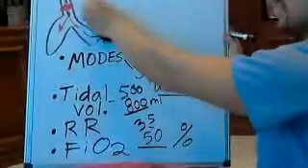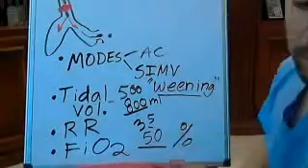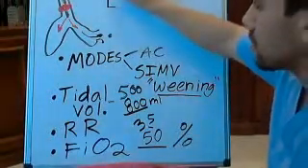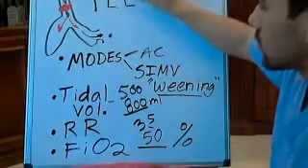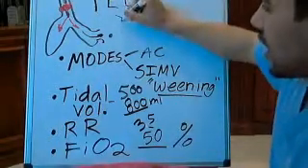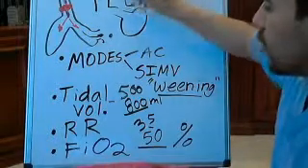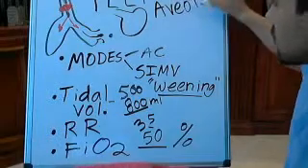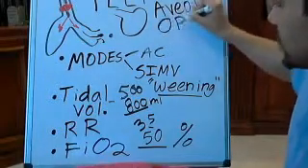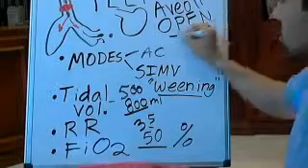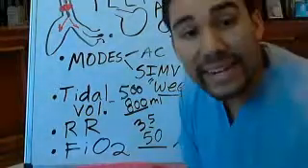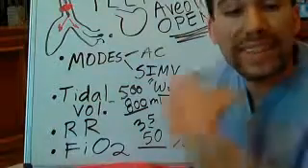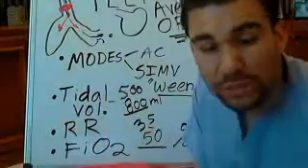And this PEEP is our positive end expiratory pressure. It helps keep the alveoli open at the end of the respiratory cycle.